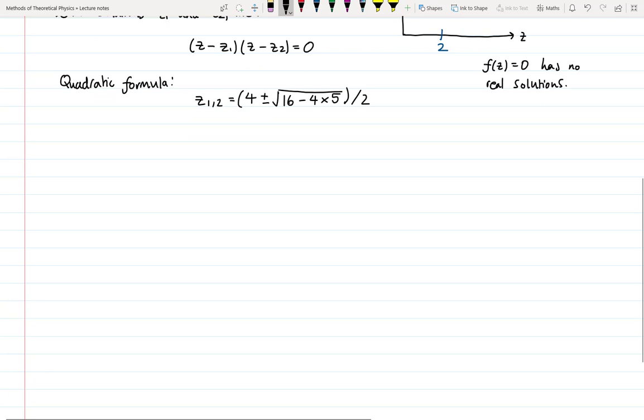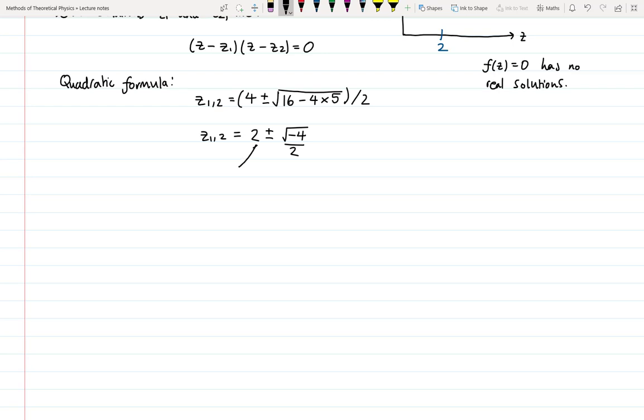Now we can tidy this up a bit, tidy up factors of 2, and it turns out that this gives us 2 plus or minus the square root of minus 4 over 2. So these are our two solutions.